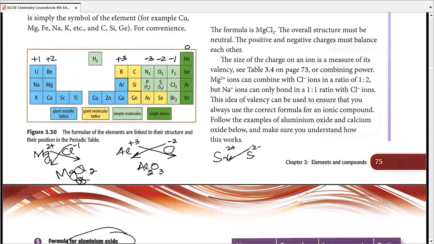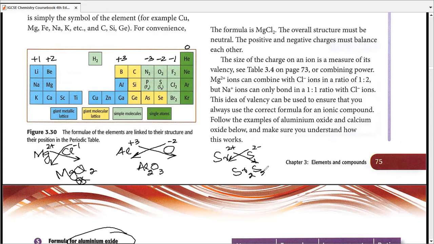So let's cross multiply these and write them as subscripts, but without the signs. So the answer would be, what are we going to write beneath Sr? 2. Good. What are we going to write beneath S?